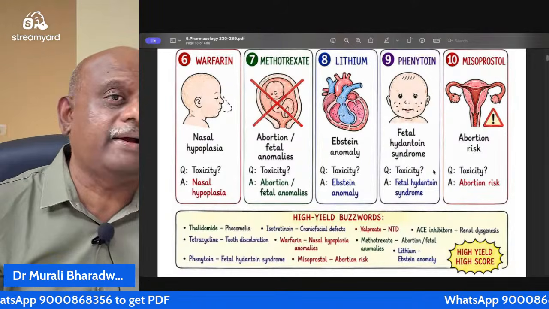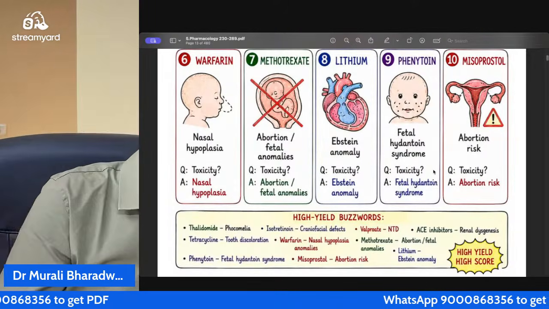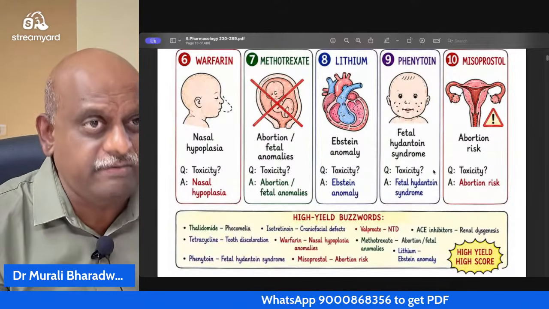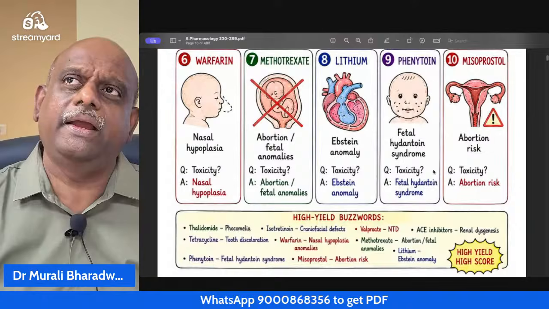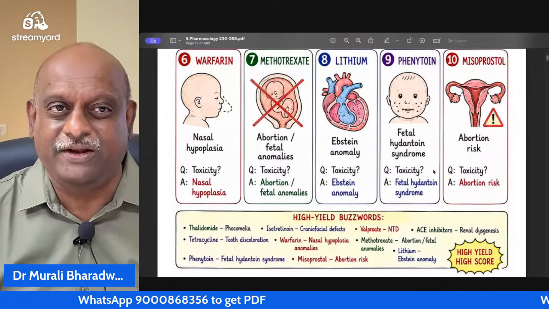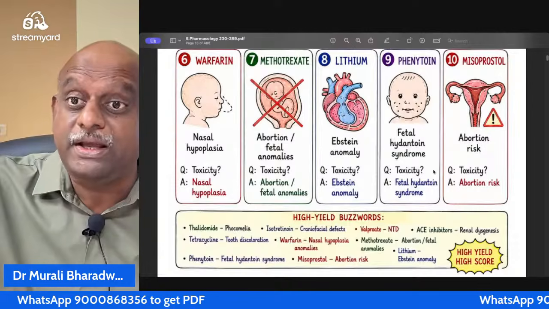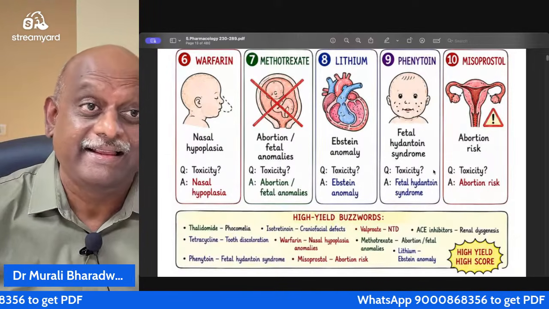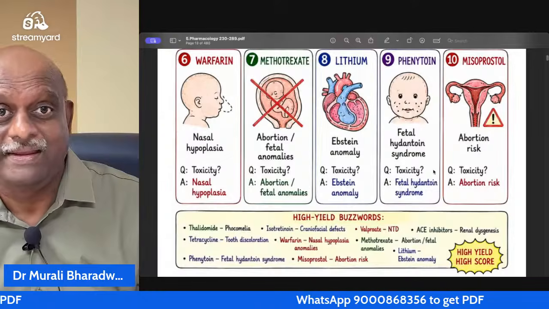Why should a mother take warfarin? Because commonly we anticoagulate patients for DVT. And similarly, those who have antiphospholipid syndrome with recurrent abortions, we give warfarin. By mistake, she became pregnant, already on warfarin. Then the whole worry will begin.